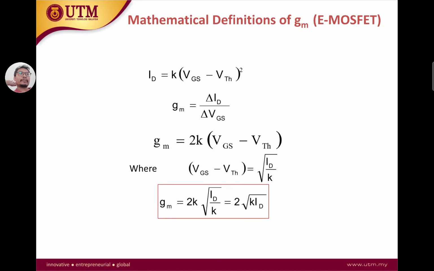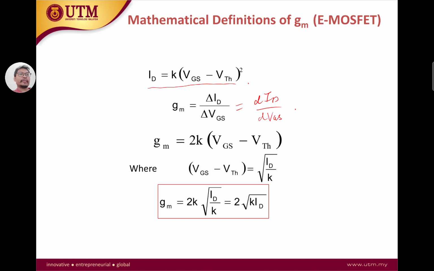Okay, let's go back to our GM calculation here. We know this equation already from our previous lectures: ID equals K (VGS minus VGSTH) squared, and GM is simply the derivative of ID against VGS, dID over dVGS.